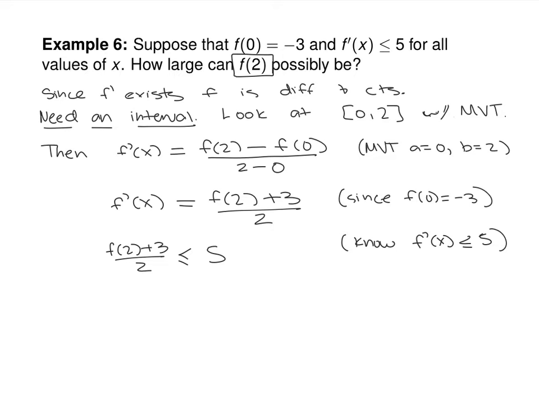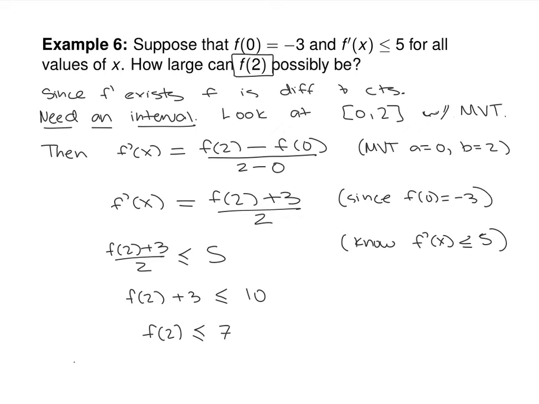So if f prime is less than or equal to 5, then so is f of 2 plus 3 over 2, right? And now can you sort of get f of 2 by itself? What would you do first? So f of 2 plus 3 is less than or equal to 10, right? So f of 2 is less than or equal to 7.